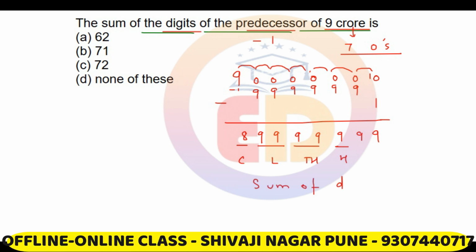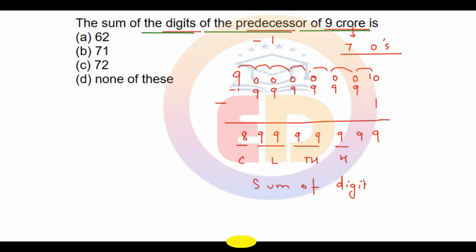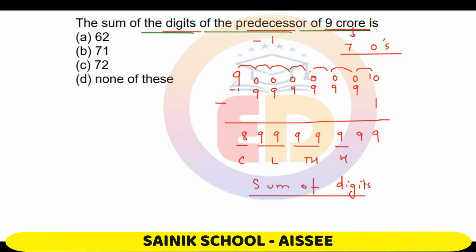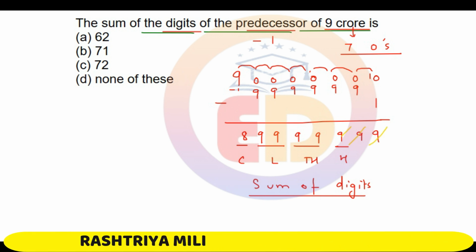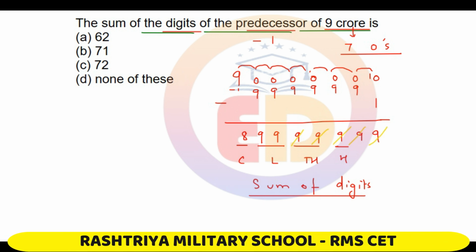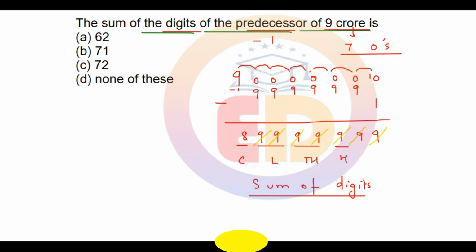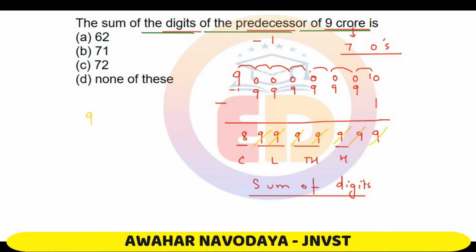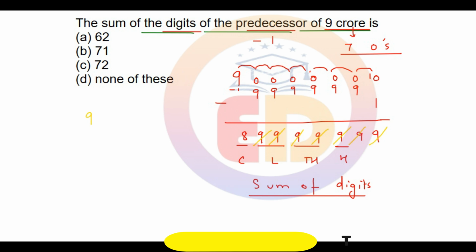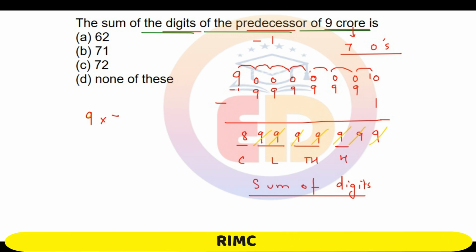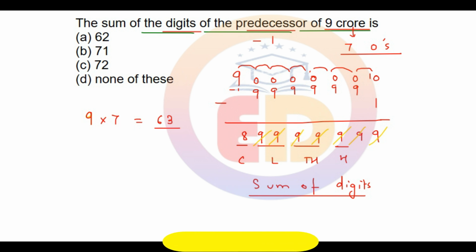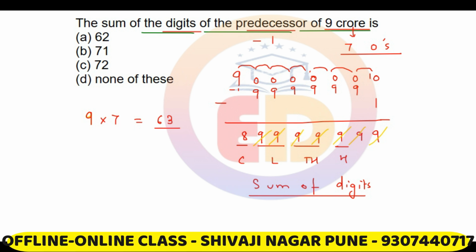Let us do the sum of the digits. For doing the sum of the digits, I see that 9 comes 6 times. Sorry, 7 times. So if 9 is coming 7 times, rather than adding it 7 times, you simply multiply it by 7. 9 sevens are 63. Adding all these 9s, I am getting 63.